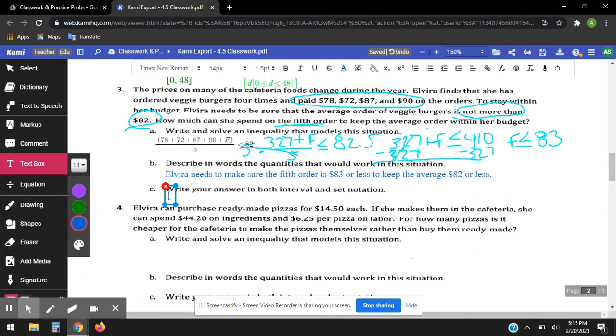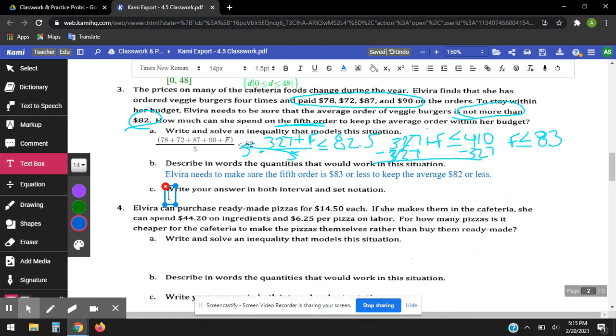So she could pay 0, right? Oh, could it be less than 0? Actually, she could technically get a refund on some of her stuff, which means she could get a negative.